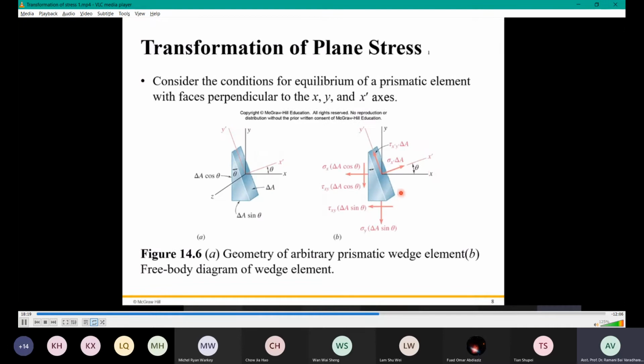But suddenly, if it changes to an angle, automatically the plane is changed to x dash y dash on the surface, and then components are lying on this plane, creating a shearing stress in this direction and normal stress in this direction. If you want to analyze in one direction, you just do this only. For two directions, you need to consider the y direction as well.